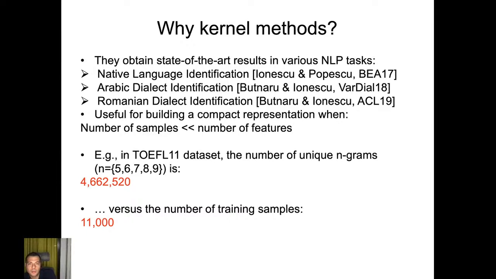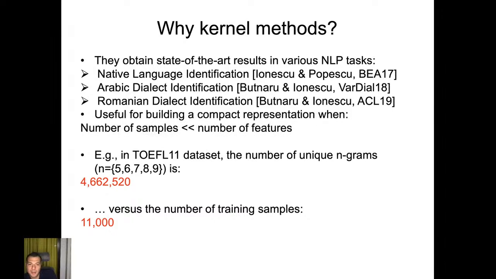If you want to represent the data in the primal form, each document as a histogram with the frequencies of the n-grams that appear in the respective document, the document will be represented by a vector with 4 million and a half components.